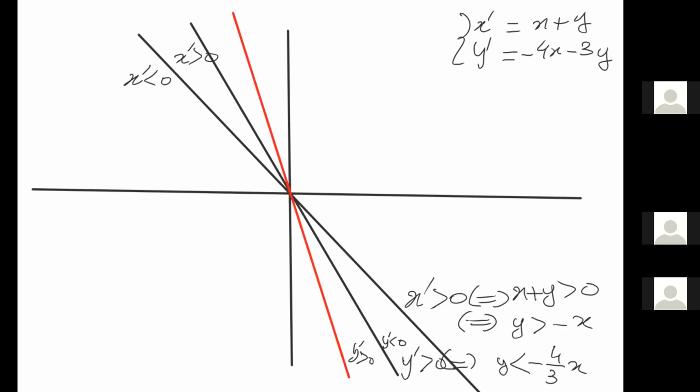Right, so I know that those are solutions, and the other ones, let's draw one here. So let's draw one here in blue, for example. So it's going to do like that.